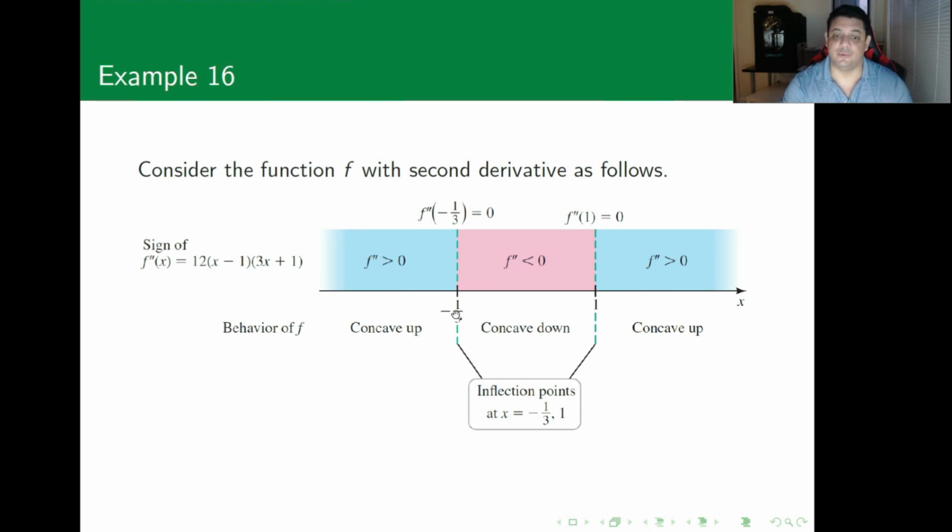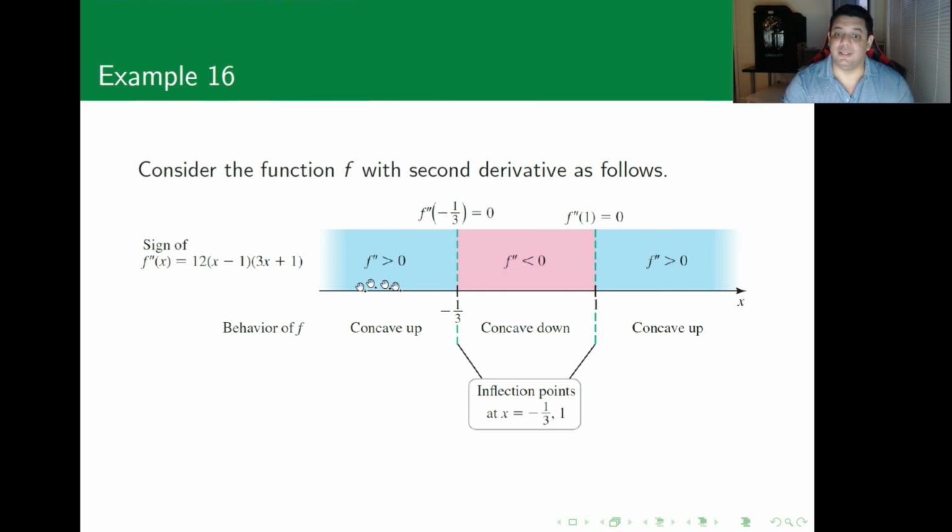Then from minus 1/3 to 1, the second derivative is negative. One example of this can be taking 0. If you plug 0 in here, we're going to get a negative number. And if you go from 1 to infinity and you plug any number, let's say 2, we're going to get again another positive value. And so we have second derivative positive here, changing to negative, changing to positive.